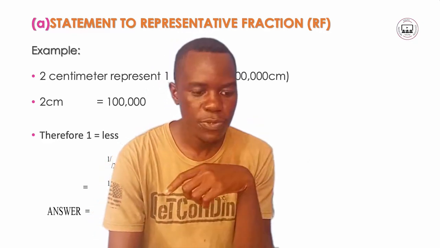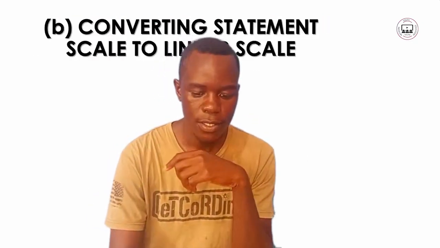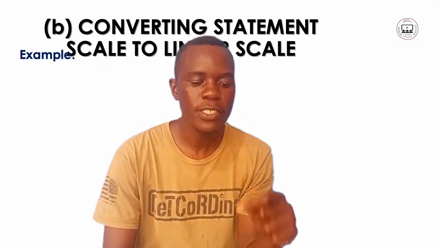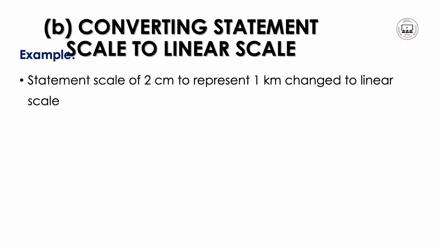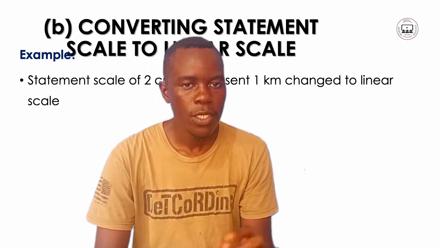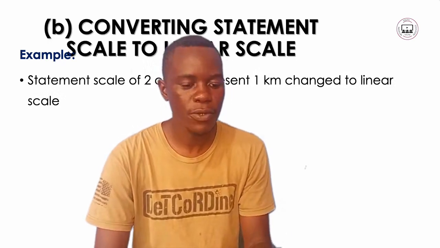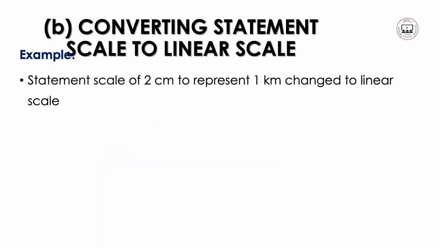Now, let's proceed. Let's now convert the statement scale to a linear scale. For example, you have your statement scale which says 2 centimeters represent 1 kilometer, and you need to change this to a linear scale. So how can we do this?